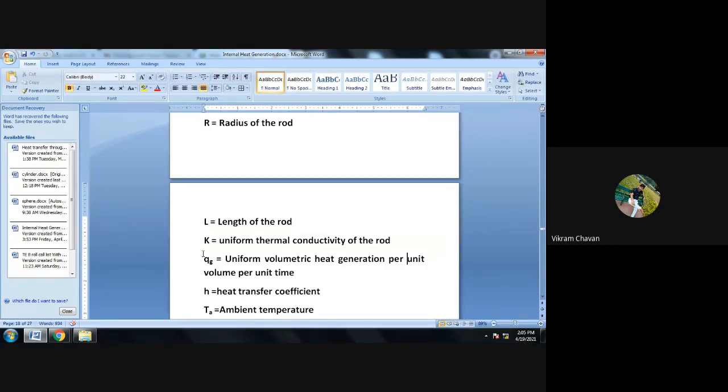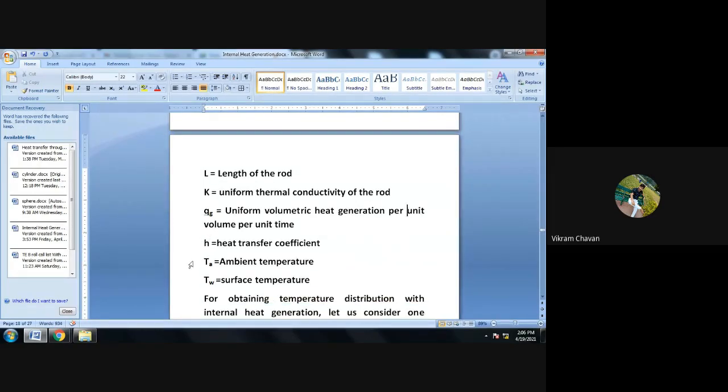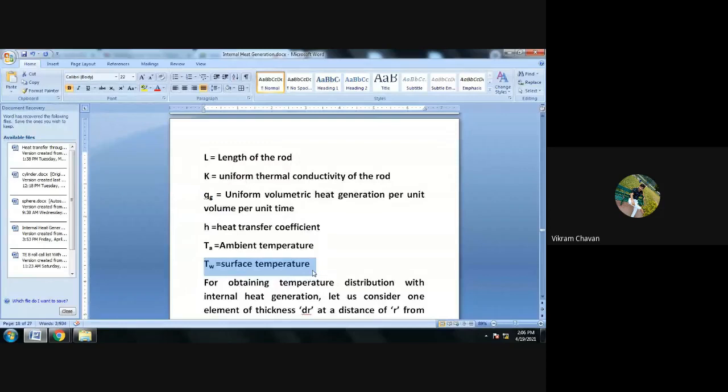Then h is the heat transfer coefficient between the surface of the rod and the external environment. The external ambient air temperature is T suffix A, and the rod surface temperature we consider as T suffix W.